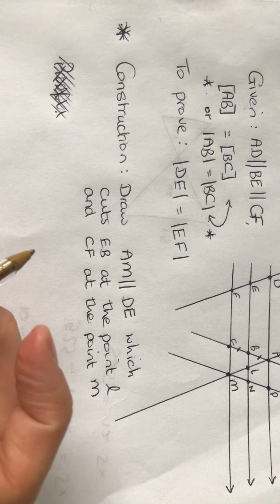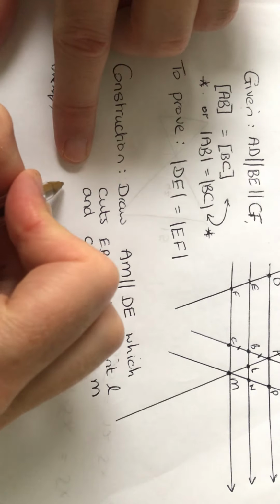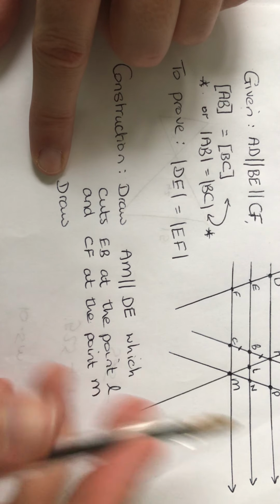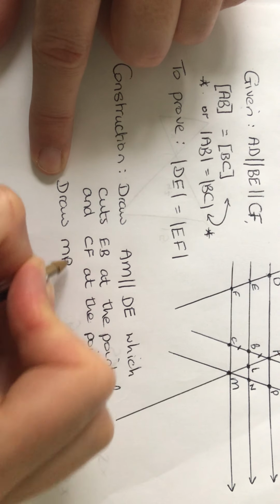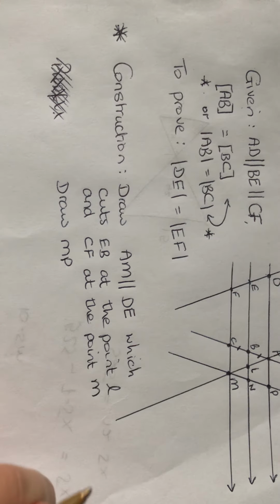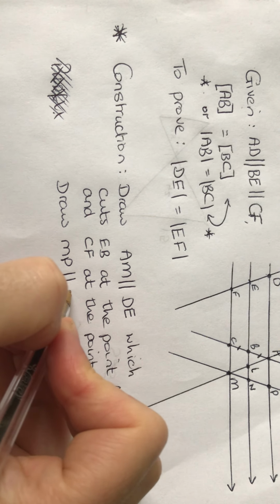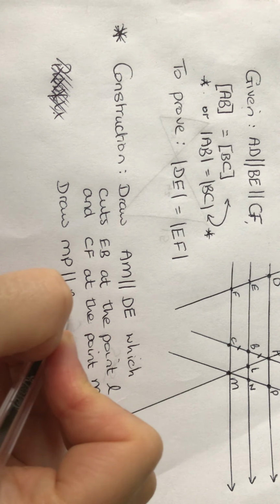So what else do I want to do? I want to draw MP, and MP is parallel to AB.